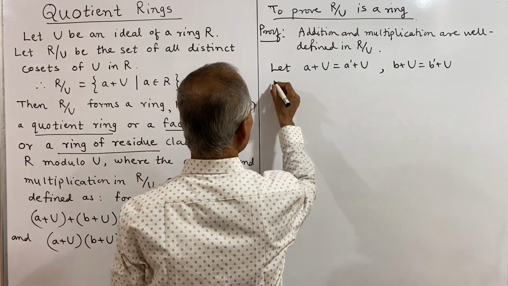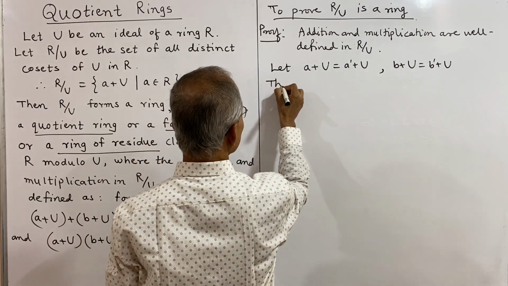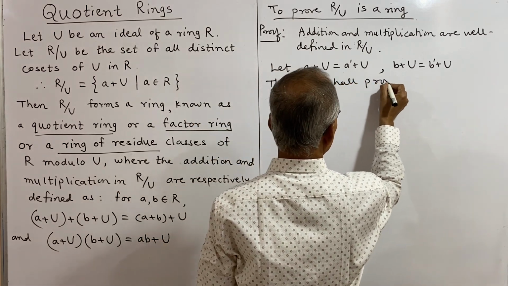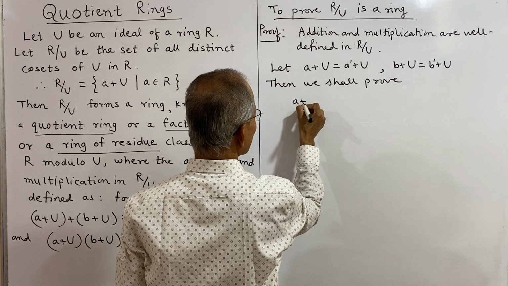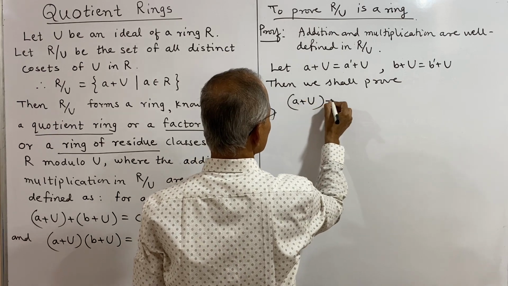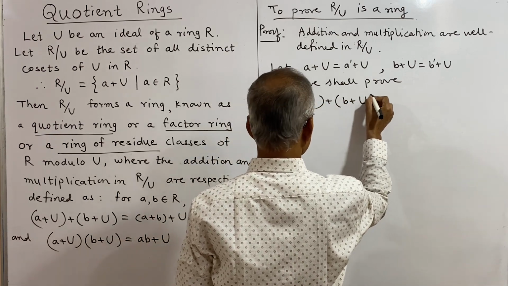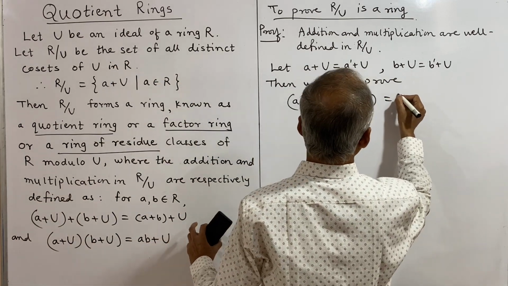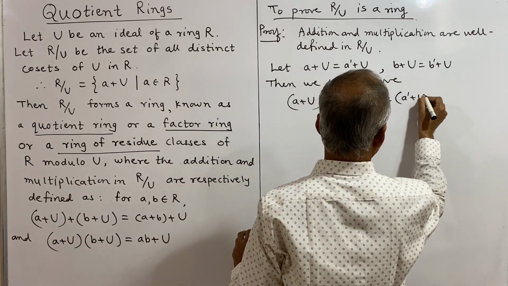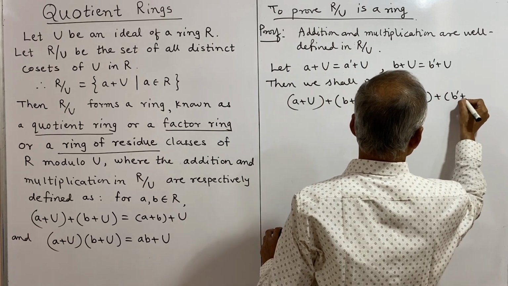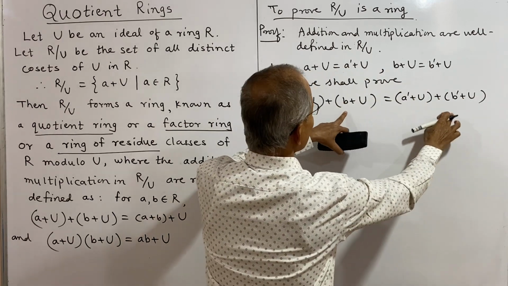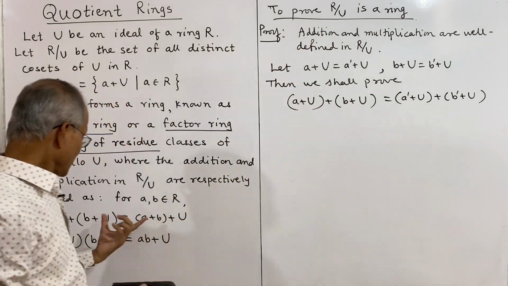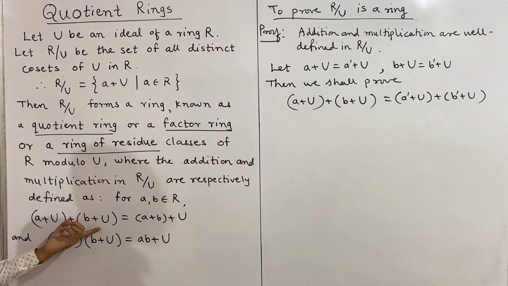Then we have to prove that (a plus U) plus (b plus U) is equal to (a' plus U) plus (b' plus U), because these are correspondingly equal, and if we can prove this, then we say that this addition is well defined.